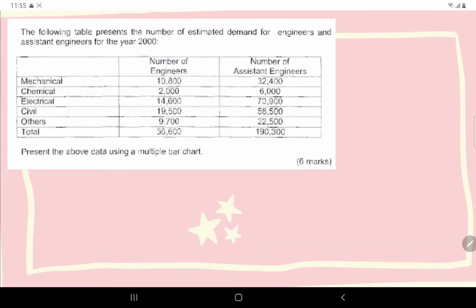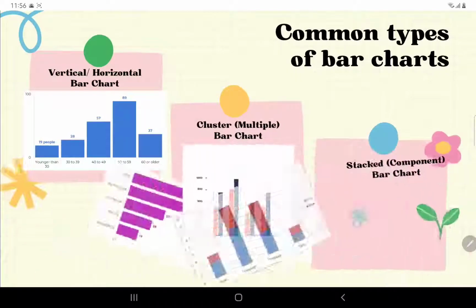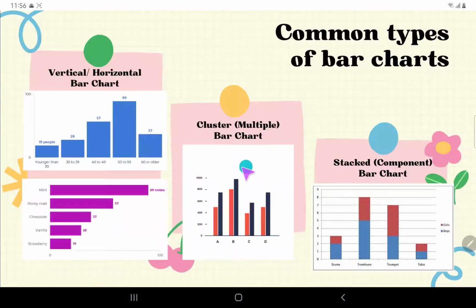Okay, for example, this table represents the estimated demand for engineers and assistant engineers for the year 2000. So we need to present the above data using a multiple bar chart. So our multiple bar chart should be like this.